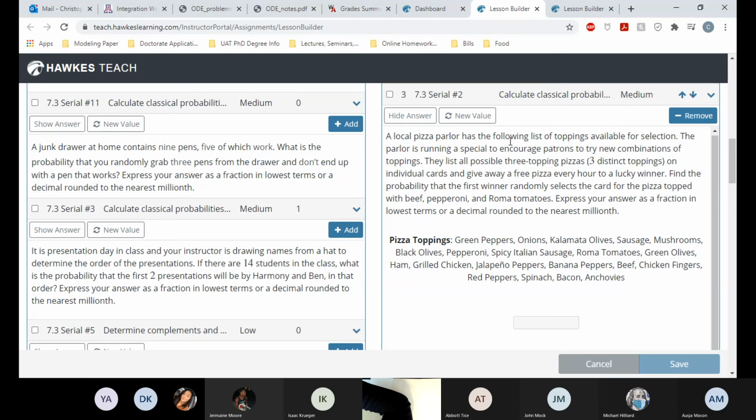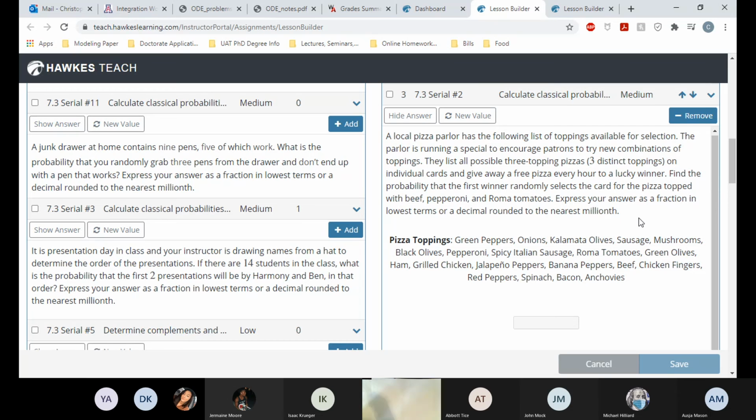A pizza parlor is running a special to encourage patrons to try new combinations of toppings. They list all possible 3-topping pizzas, so 3 distinct toppings, telling us that they don't repeat toppings, on individual cards and give away a free pizza every hour to a lucky winner.